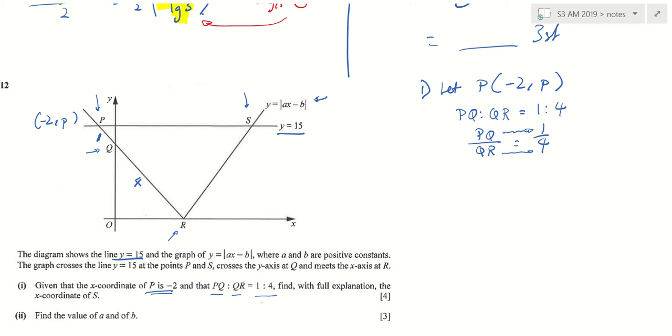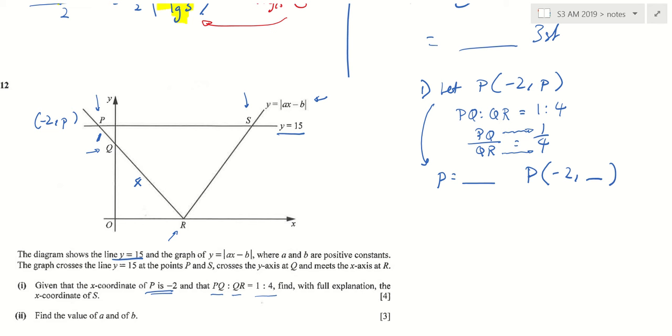Okay, good. Then it says here, find with explanation, the coordinate of S. Now, first question. Do I straight away know P equals to what? P is a coordinate, so the big coordinate P is (-2, a number).